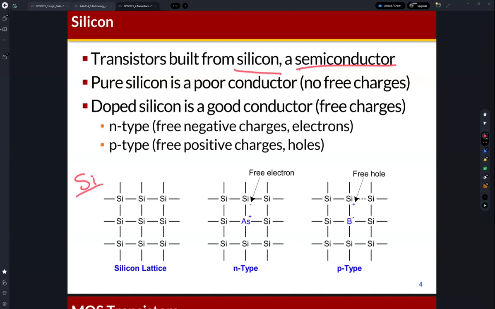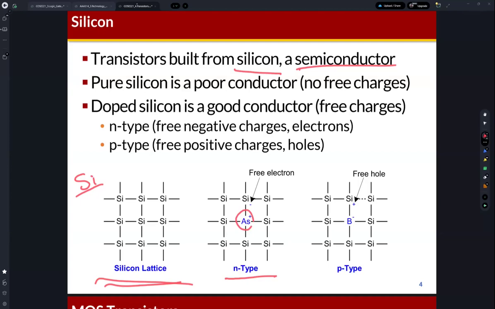For example, N-type semiconductor, N-type silicon. As you can see, you can find the silicon lattice here, which means the silicon elements are connected to each other tightly. But we can add some other elements.